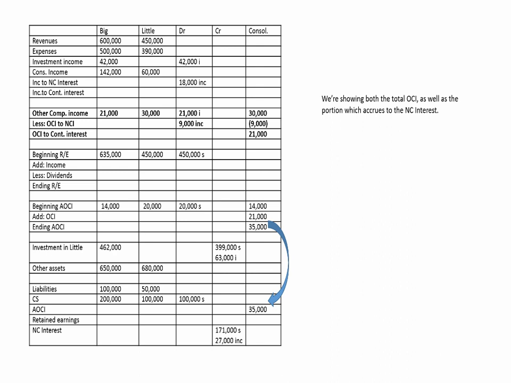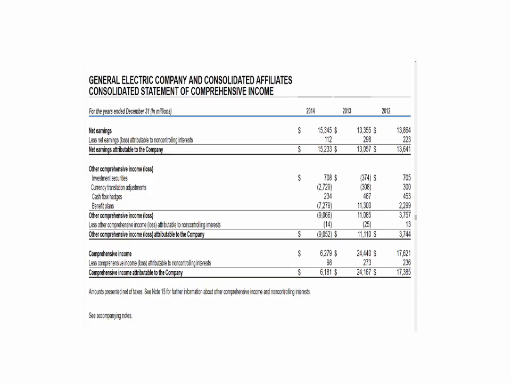Again, in another presentation, I took a screenshot of the General Electric income statement from 2014, which again showed that they had all the other comprehensive income sources, summed those up, and then deducted out the portion that accrued to the non-controlling shareholders. Again, here we go, just to refresh your memory.